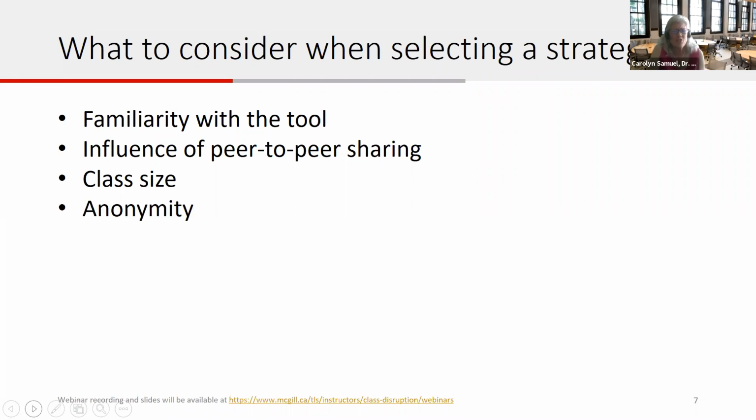If you teach a really small class, and there are some very small classes at McGill, like 5 students or so, they might not feel comfortable writing anything longhand or participating in a small group discussion if they're concerned that they will be identified or associated with their comments. So class size and anonymity go together, and you might want to consider those in tandem.